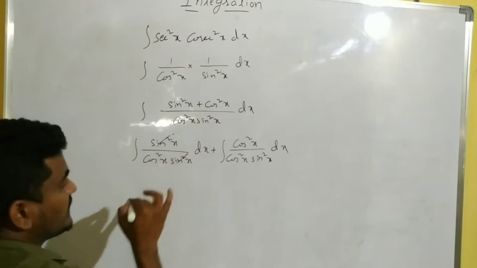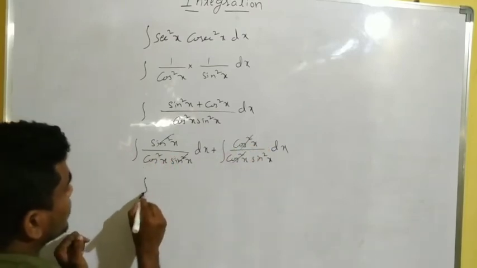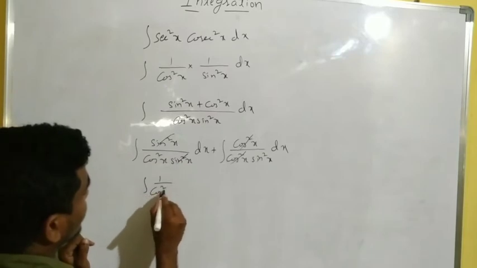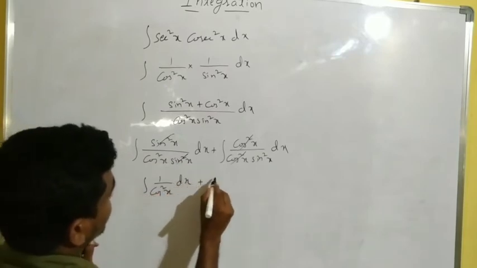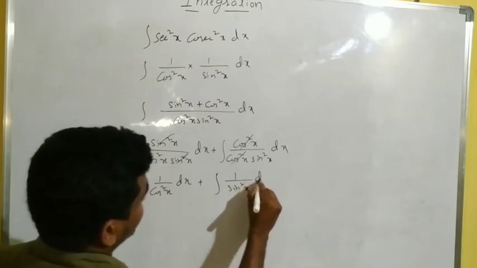Here sin square gets cancelled, cos square gets cancelled, and what remains is 1 by cos square x dx plus 1 by sin square x dx.